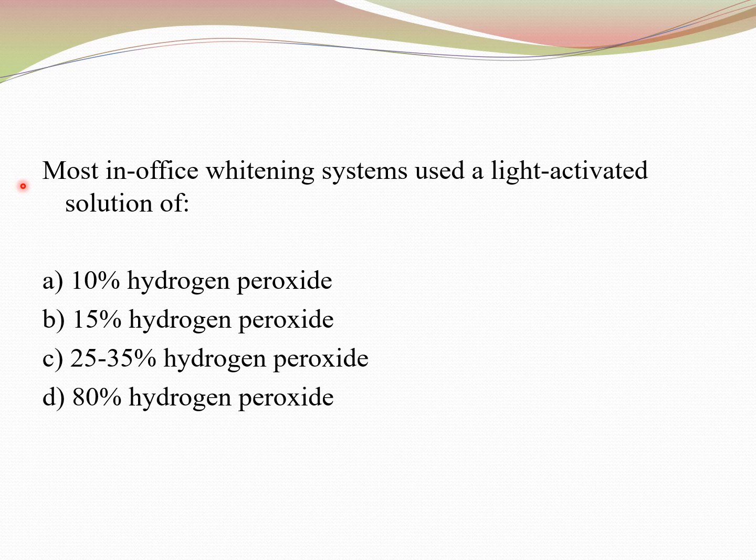Most in-office whitening systems use a light-activated solution of hydrogen peroxide: 15%, 25 to 35%, or 80%. Remember, this is in-office whitening systems.